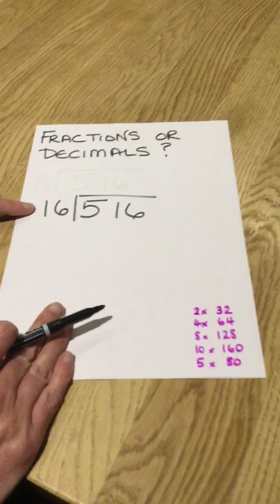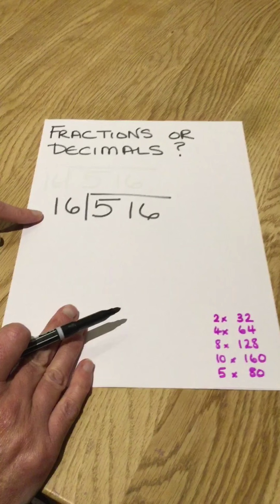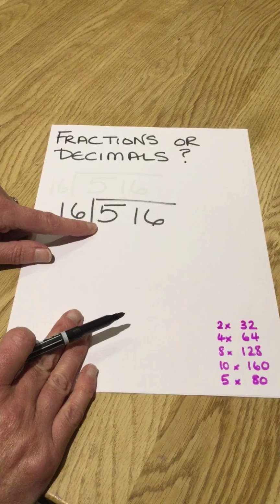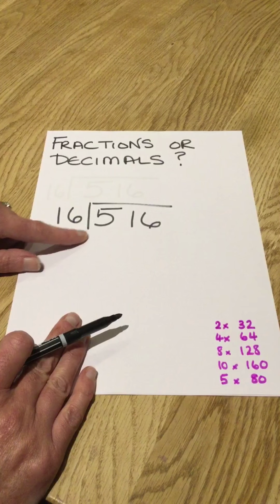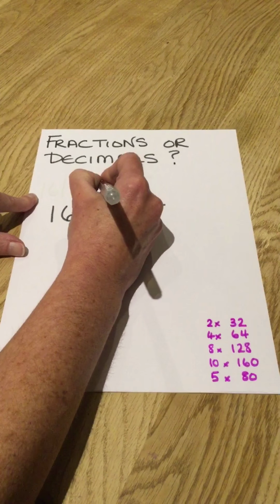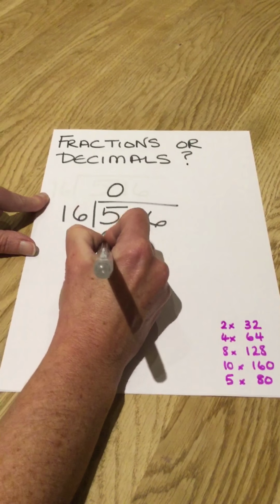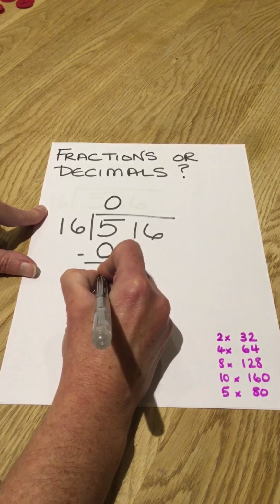This time, I'm going to share 516 into 16 groups. I have 5 hundreds. Can I give 16 people 100? No, I don't have enough. I've given away no hundreds, so I've still got 5 left.